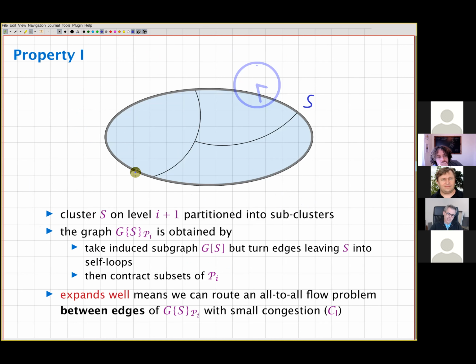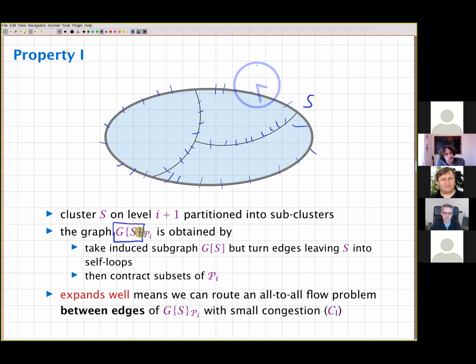The first property tells me, so here are some edges. So there's some cluster in this graph. Some edges may actually go out here. So now what is this graph? It's actually not the induced subgraph. Okay, sorry. What is this graph?